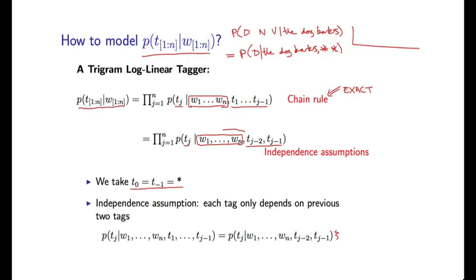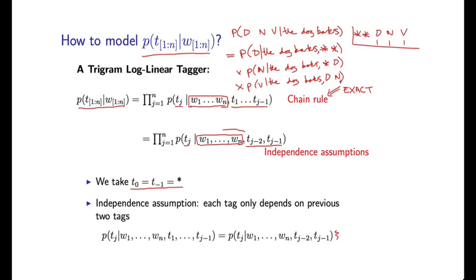So our sequence essentially looks like this: star star D N V. We're going to have one probability term for each of these three tags. The second term is going to be P of N, given the dog barks and star D. And the third term is going to be P of V, given the dog barks and D N.